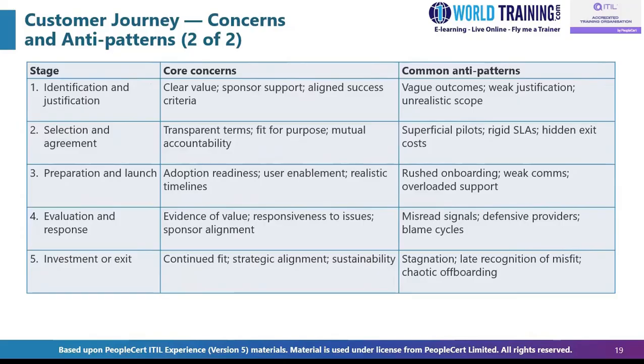When exit terms are buried or opaque, a customer who might otherwise renegotiate in good faith instead starts to feel trapped, and the relationship tilts from cooperative to coercive. That's usually where the seeds of eventual churn get planted, even if the actual exit does not happen until stage 5.